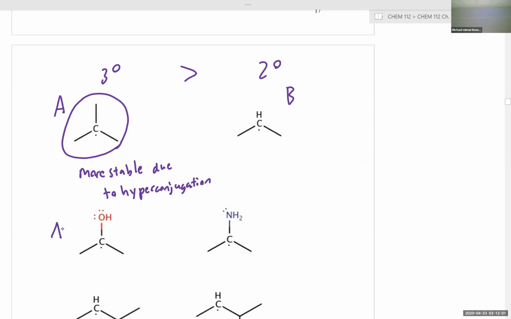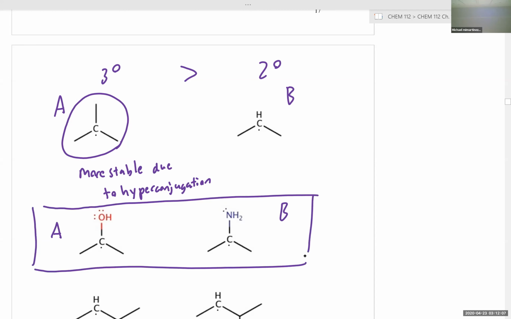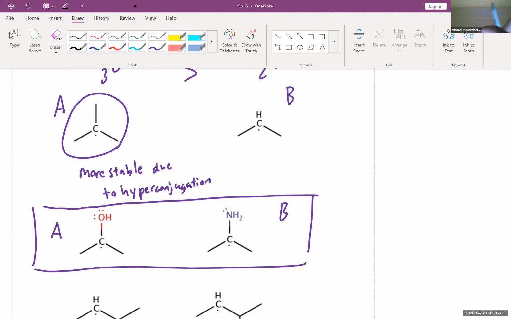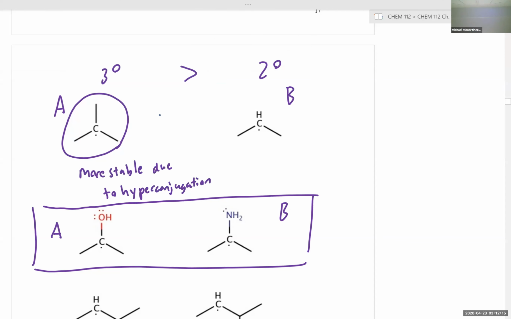Okay, let's compare this next pair right here. I'd like you to tell me whether A or B is the lower energy radical. Take a moment to think through this problem, and then we'll discuss in about a minute.